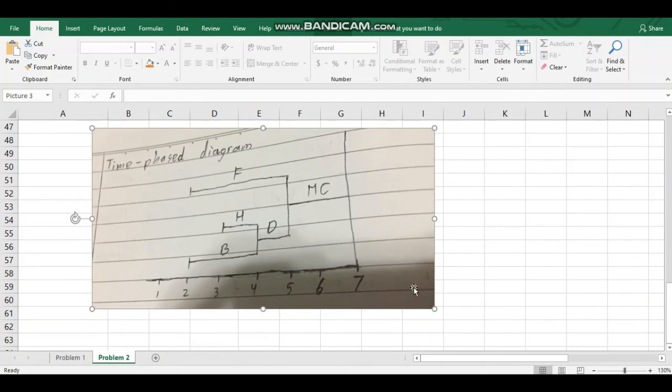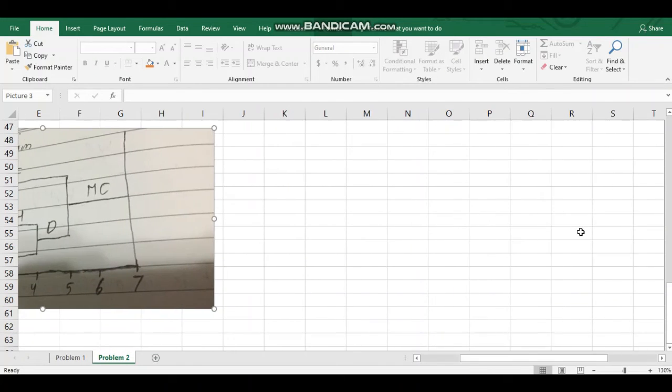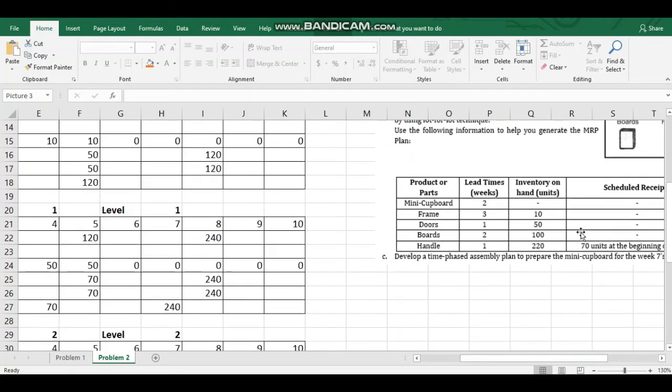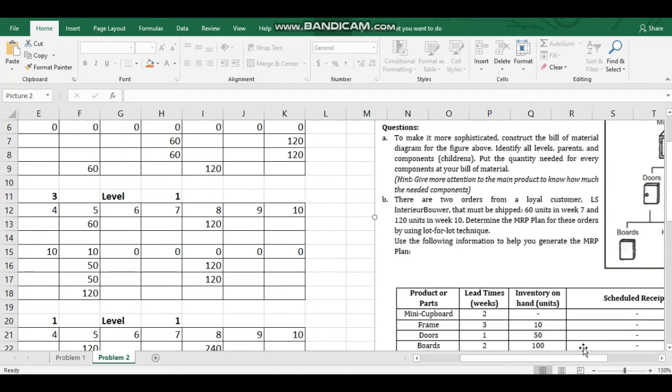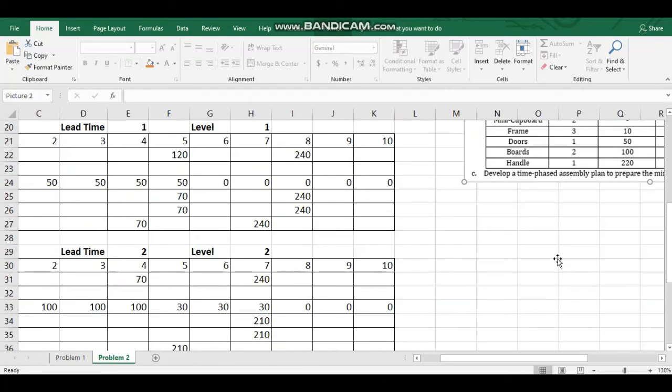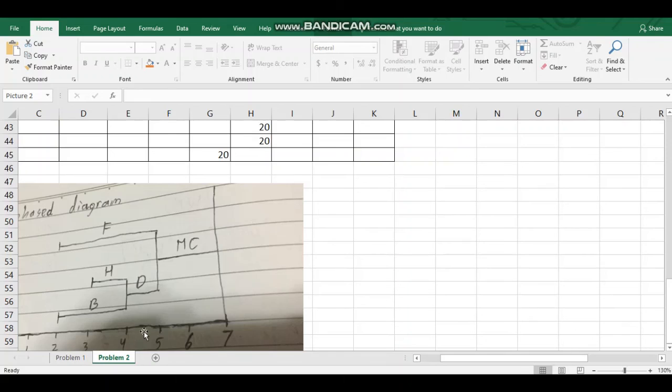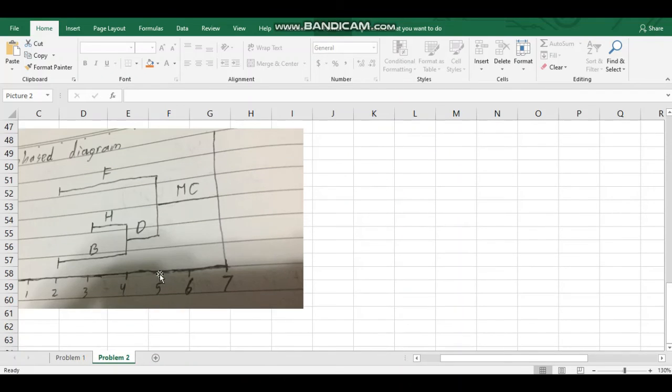Or maybe you could see the lead time. Okay, the lead time for mini cupboard is 2 weeks. So you have to pull back the line 2 weeks before the deadline of mini cupboard, which is week 7. Okay, so that's why we are here now in week 5. In week 5, we have to already have the frame and door.